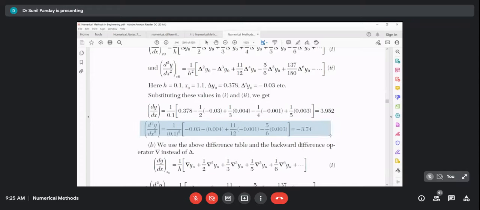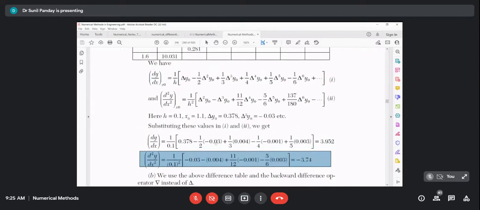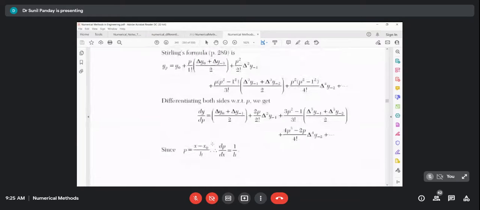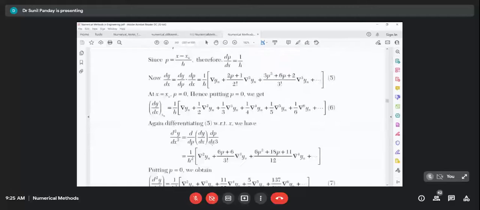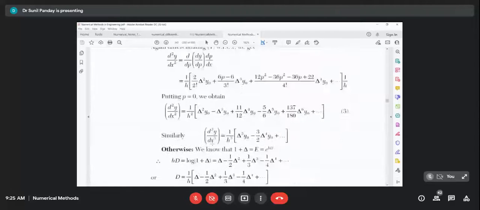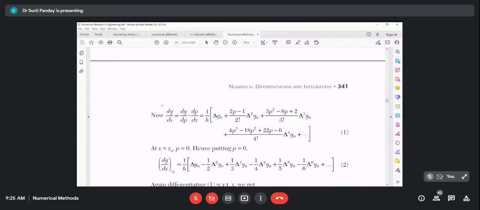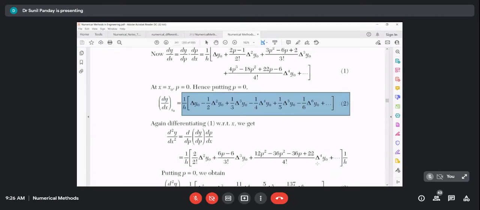Or you can do one thing: put p equals 1 in the Newton forward interpolation formula, and when you put p equals 1 in this formula, you will get the derivative formula dy by dx at x1, and now your x1 is 1.1. Then this form is not there, some other form is there.